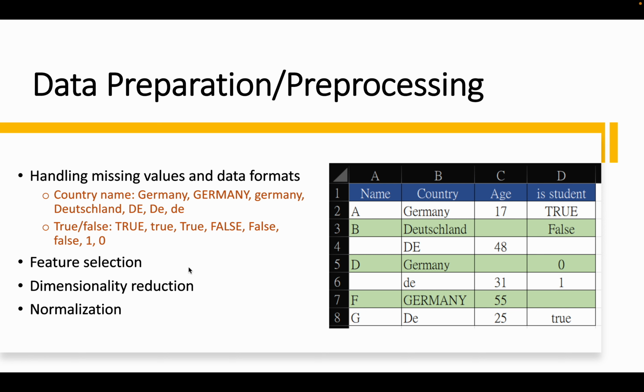Also, if you have higher dimensional data, more features, then you need more time to train. So if you can remove the irrelevant feature dimensions, then your model can train faster. Also, we need to normalize our data.